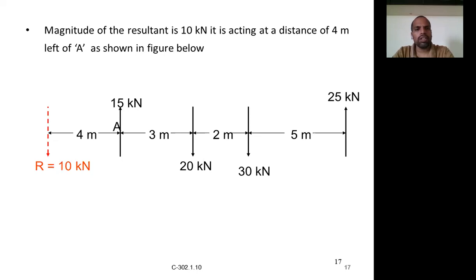That is, the moment of the resultant is equal to the algebraic sum of the moments of all the forces. Very simple. That's Varignon's theorem.